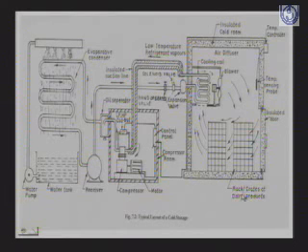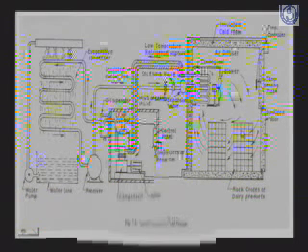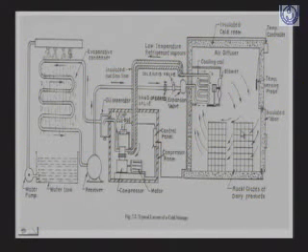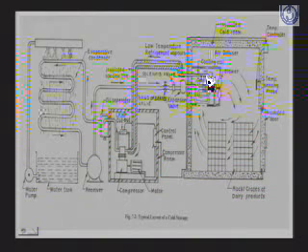I would say we chill the milk and milk products. So this is the typical diagram of the cold storage. The basic components are the same in this also. We have a compressor, we have a condenser, we have an expansion valve, and this is the cooling coil or evaporator coil.